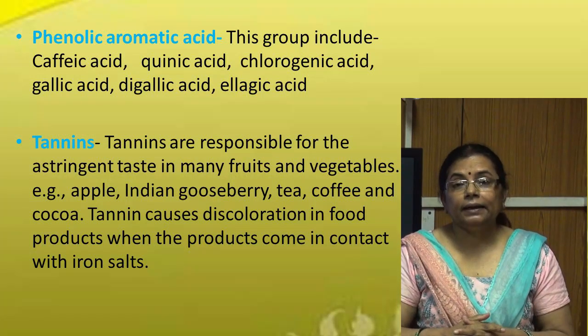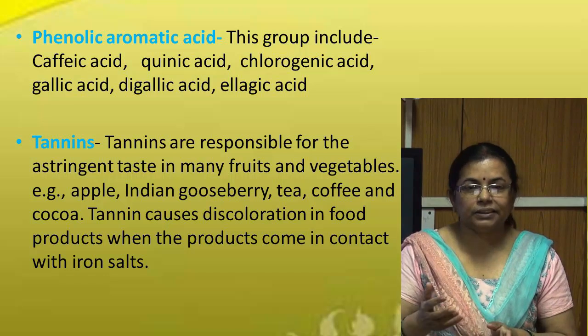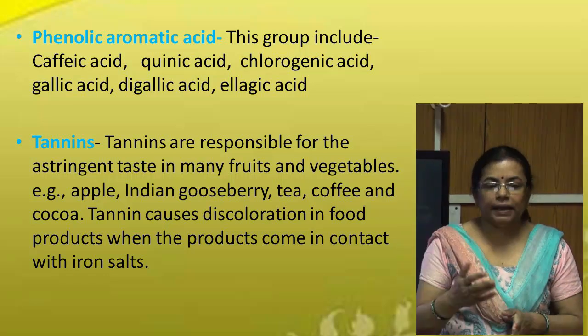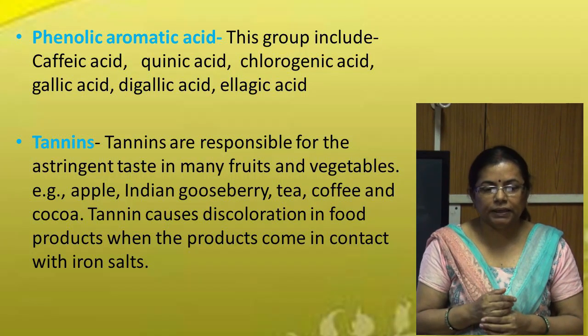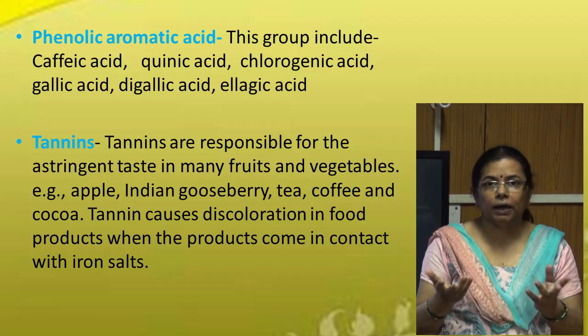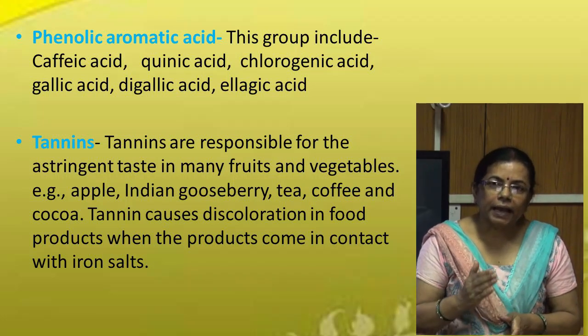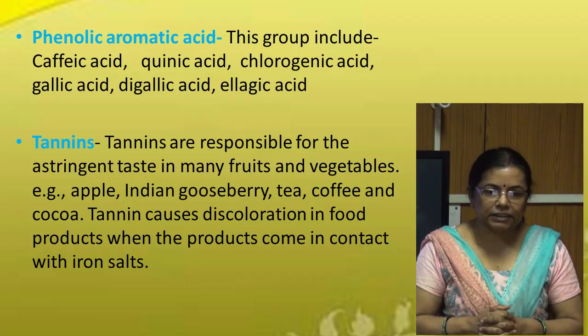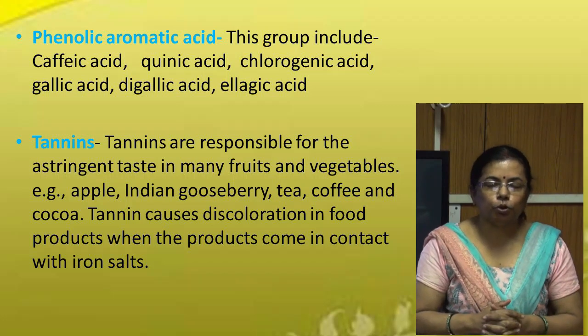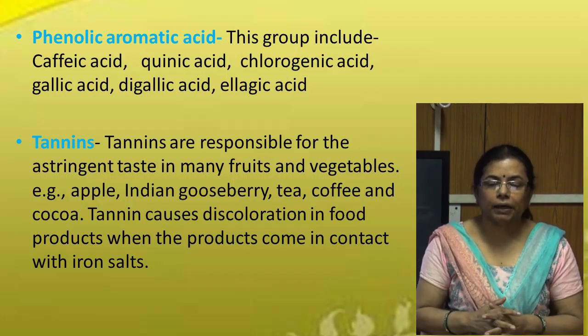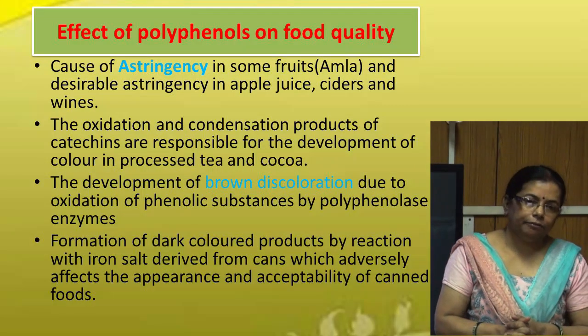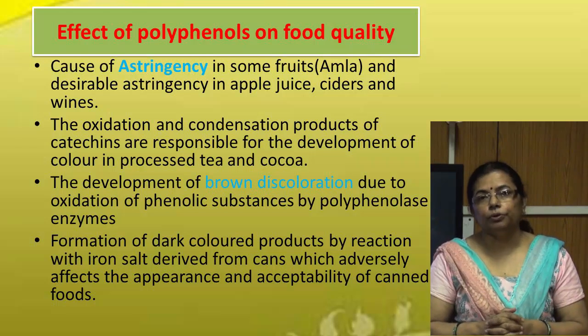Tannins are responsible for the astringent taste in many fruits and vegetables like apple, Indian gooseberry, tea, coffee, cocoa, and unripe fruits. Tannin causes discoloration in food products when they come in contact with iron salt. And what is the effect of polyphenols on food quality?